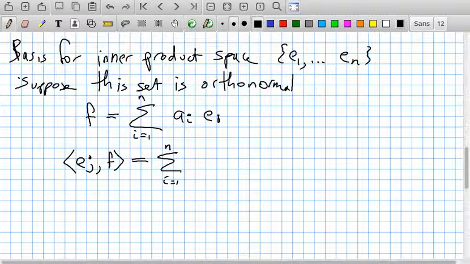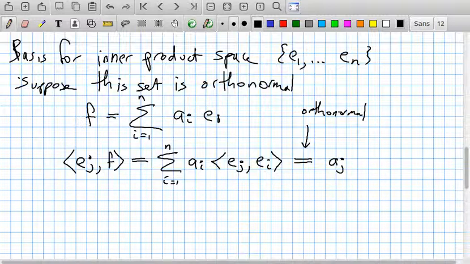And here we go. ai ej ei. And we notice that because it's orthonormal, all of these terms except the i equals j term are going to be 0, and that i equals j term is going to have 1, so this says aj is that.